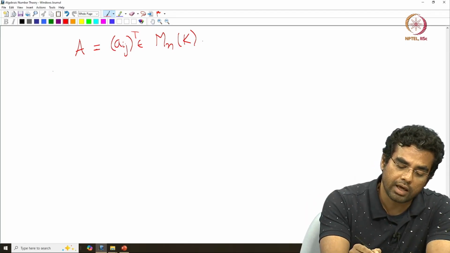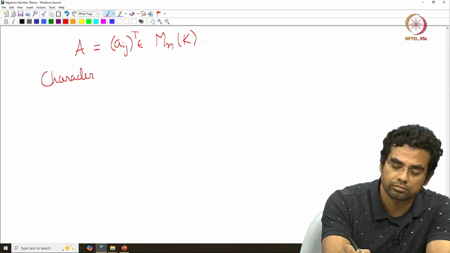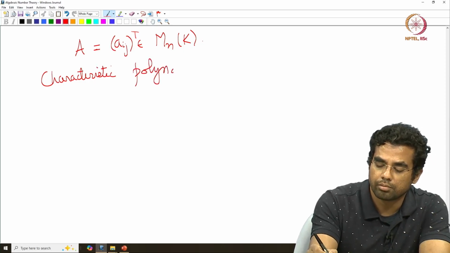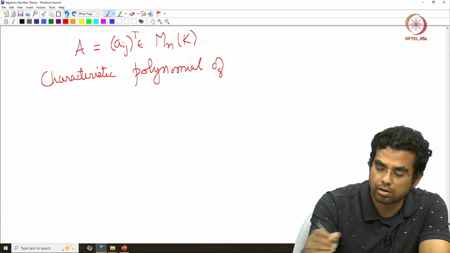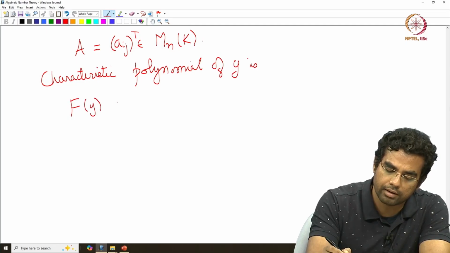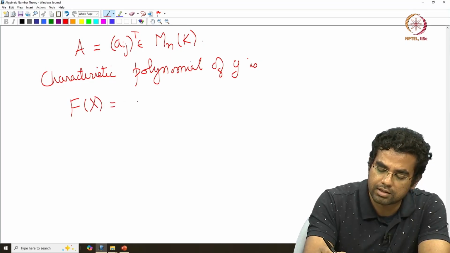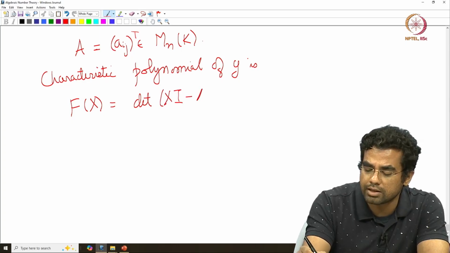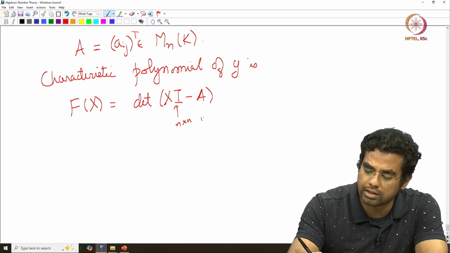Okay. So, the characteristic polynomial of y is defined as follows. So, f of x, this is the determinant of x times I minus A. Okay. So, I here is the n by n identity matrix.